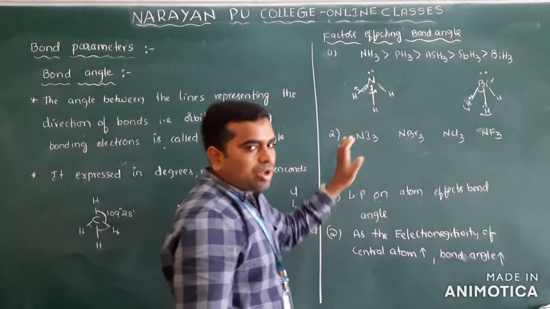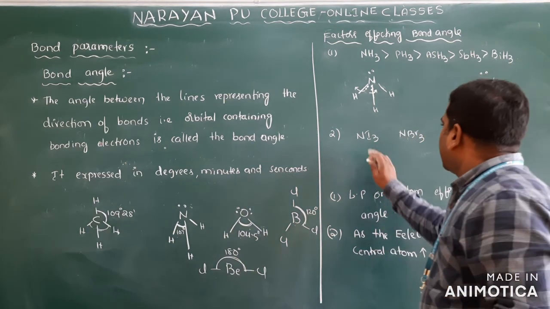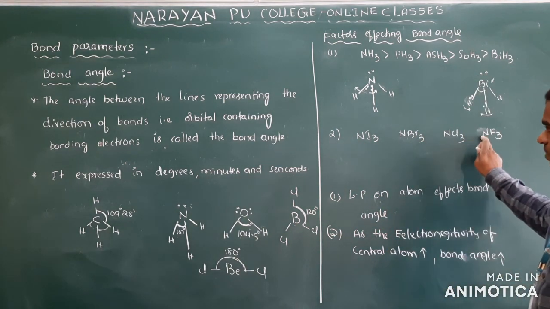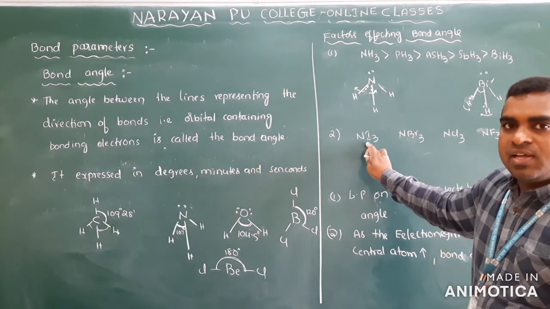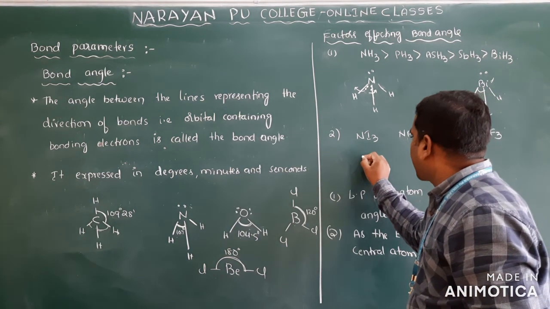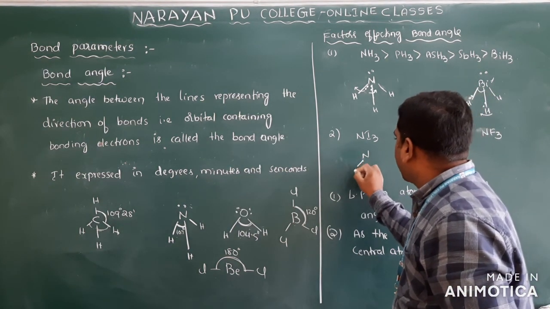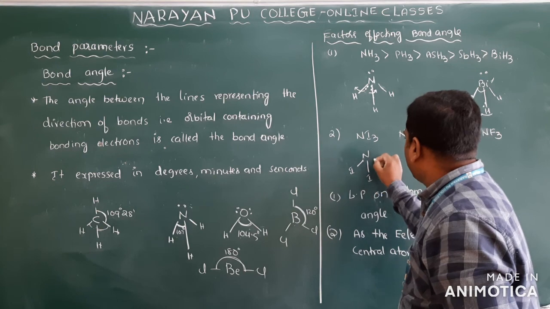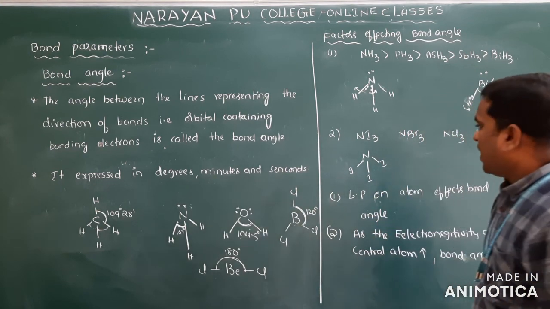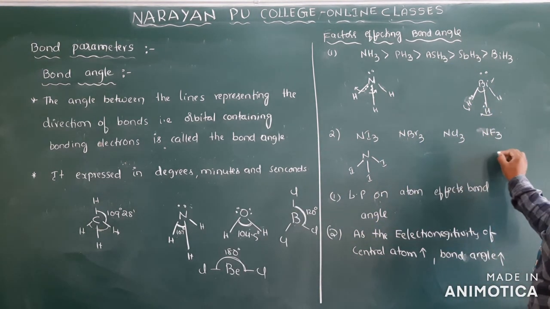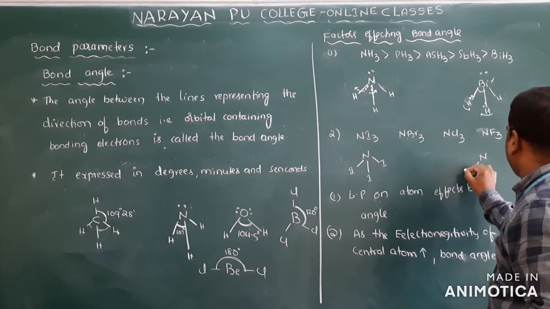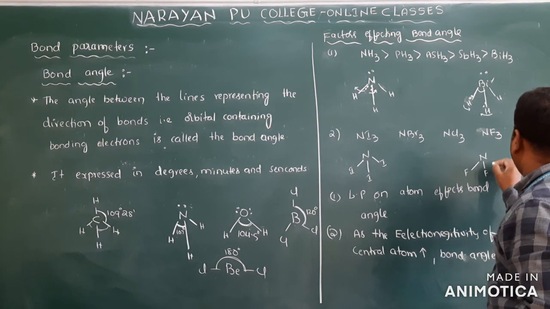Clear one? Now the third one. In this case you see the central atom is the same, but the outer atoms, the terminal atoms, are different. Now I will write here nitrogen, iodine, and here also iodine. And in this case you have to write fluorine, and here fluorine.